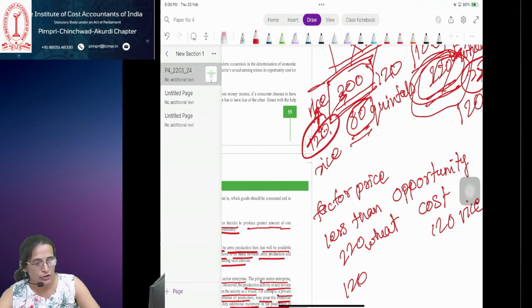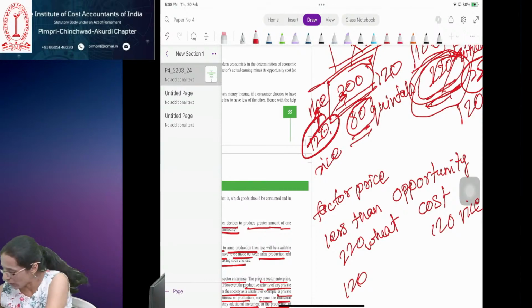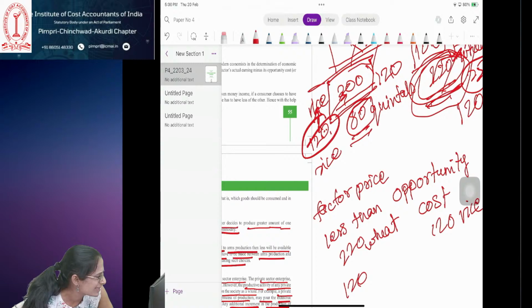What is the opportunity cost of producing 220 quintals of wheat, as we discussed? How much rice did we forgo? 120 quintals, right? So that is the opportunity cost. Any issue? Ma'am, it means rice increase and demand increase. Opportunity cost.